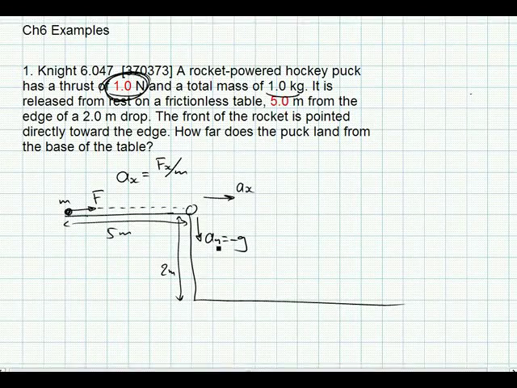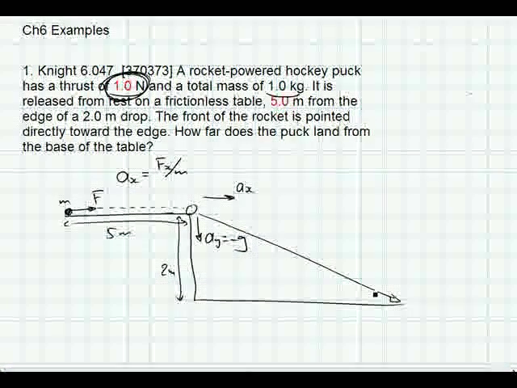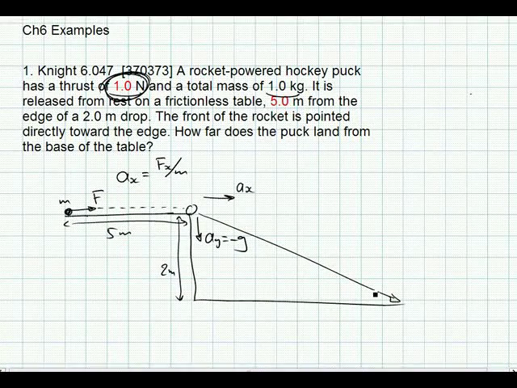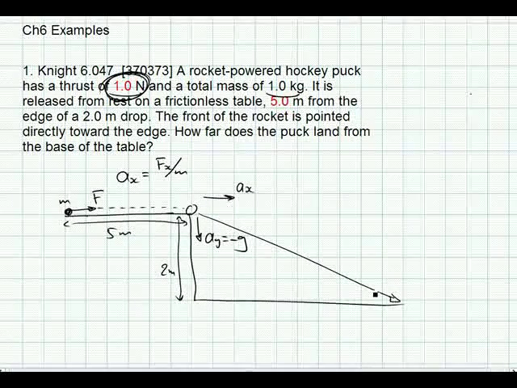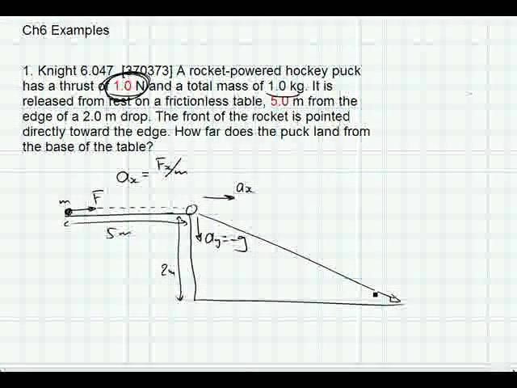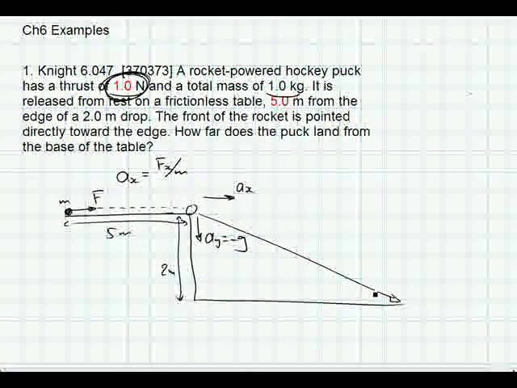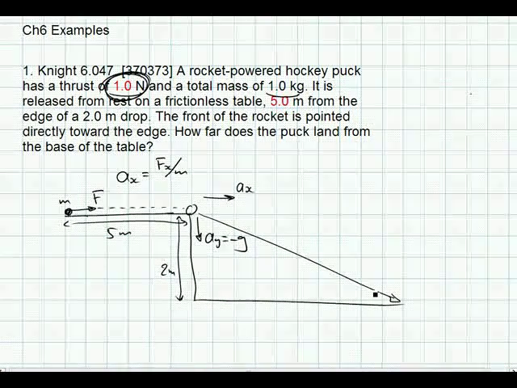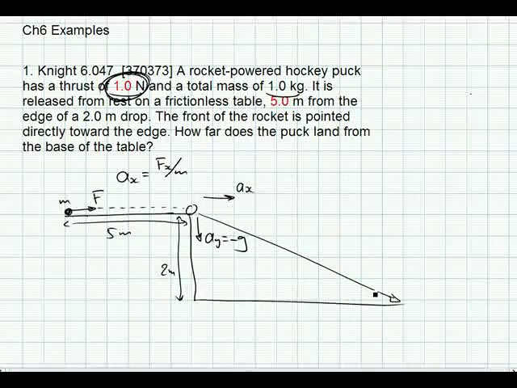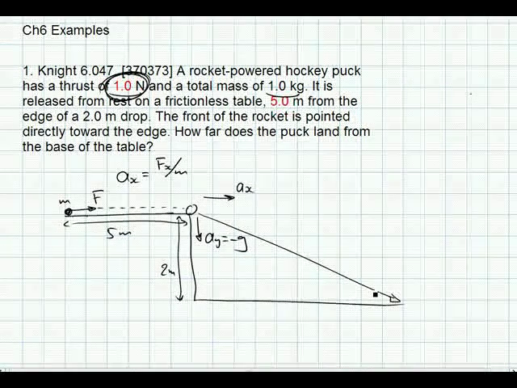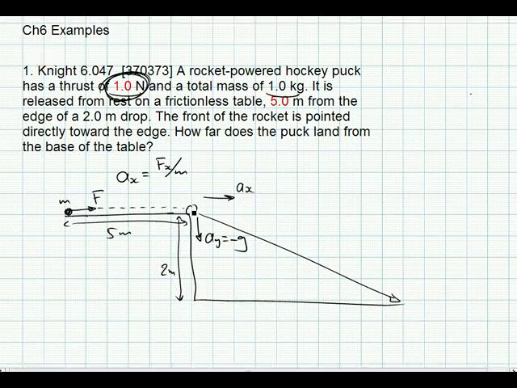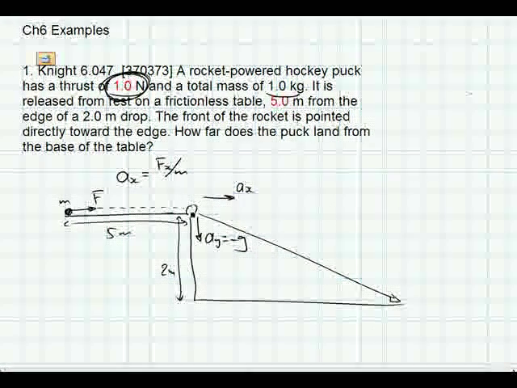And if you do the analysis, you'll see that it will be a straight trajectory, because had it been a parabolic trajectory, that would have meant that there was only acceleration along one direction acting on it, namely the y direction, the acceleration due to gravity. But we know that the rocket doesn't end its life when the puck is at the edge of the table.